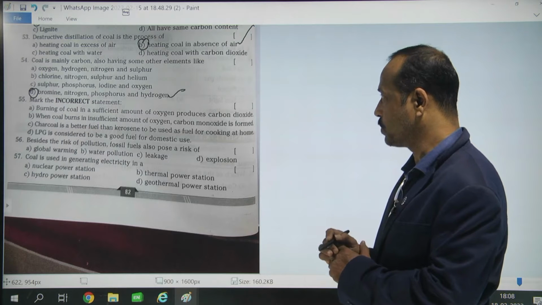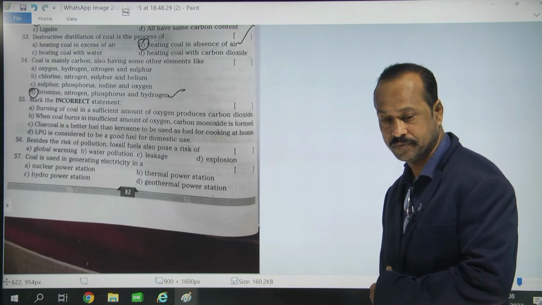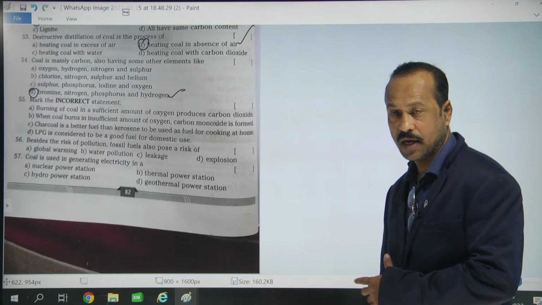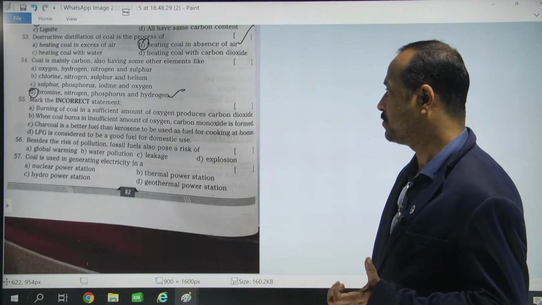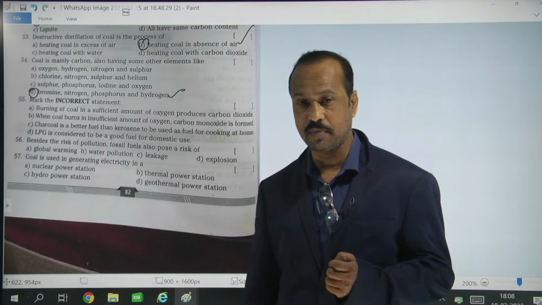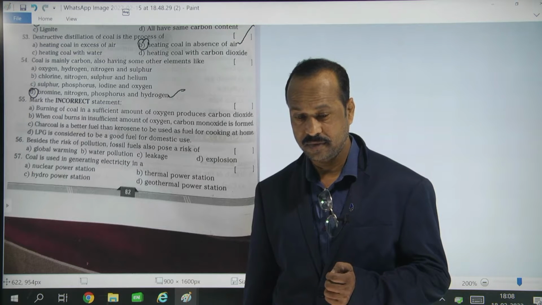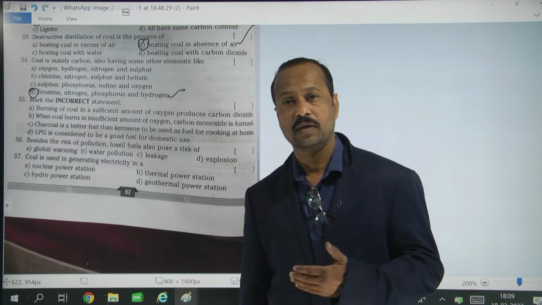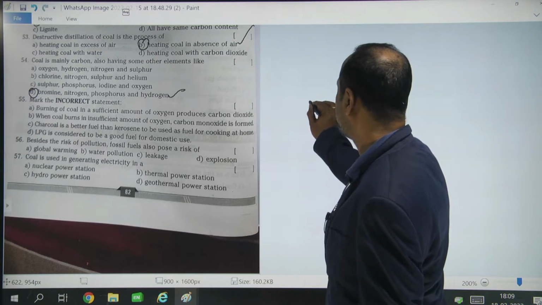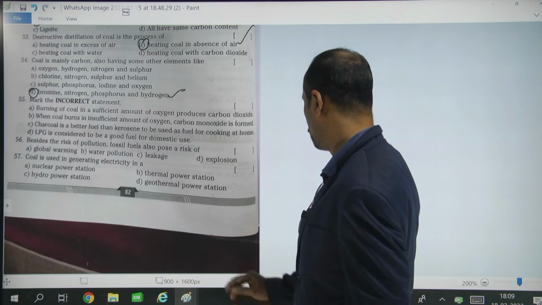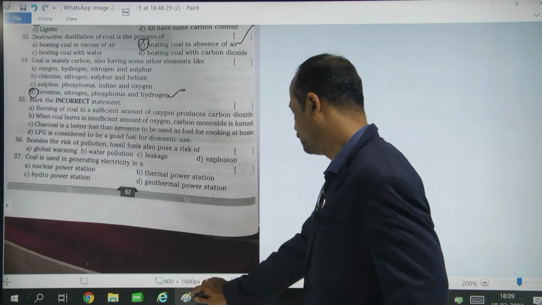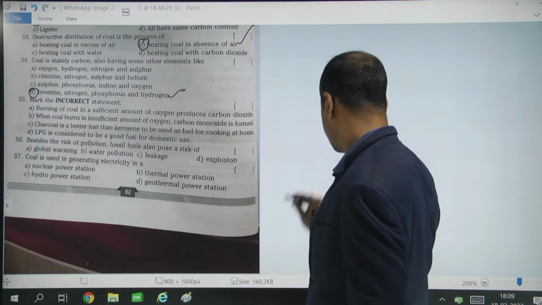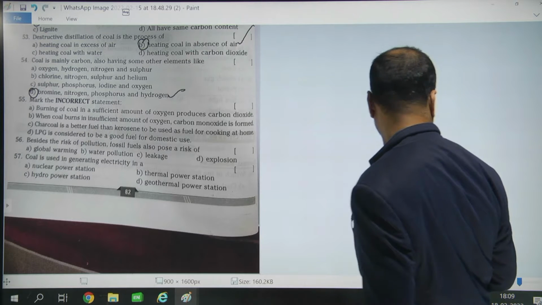Is the first sentence correct? Yes, so C plus O2 gives CO2.